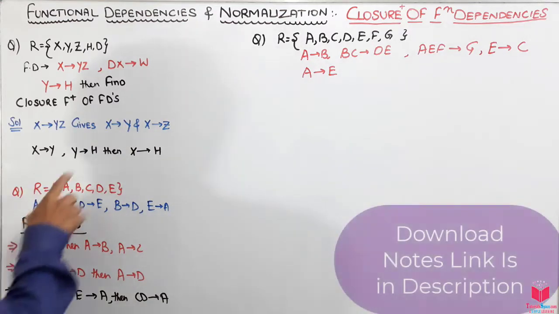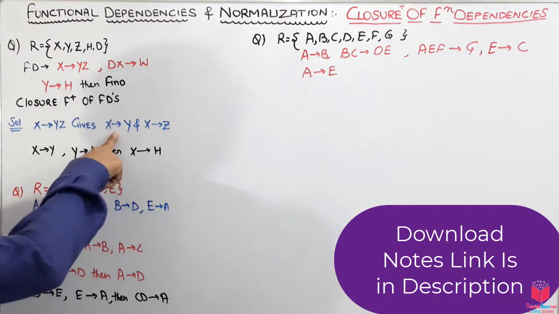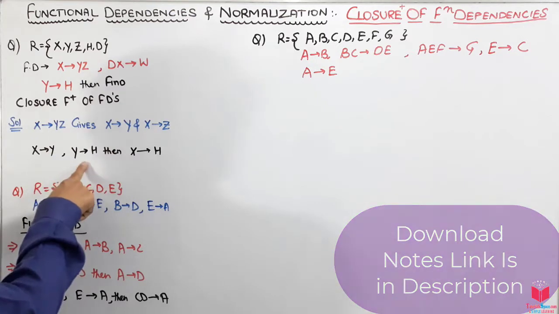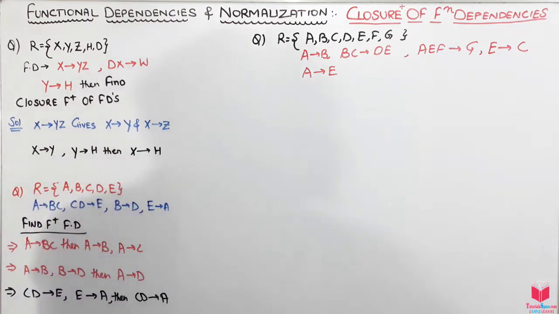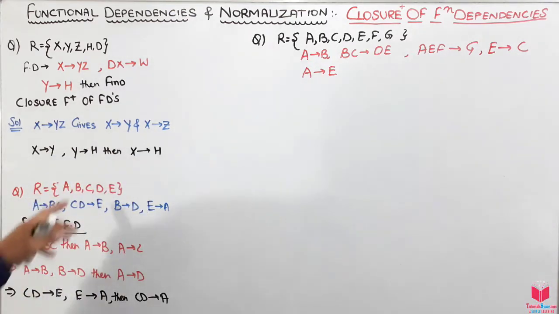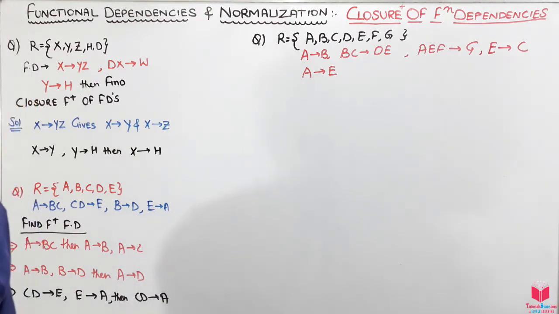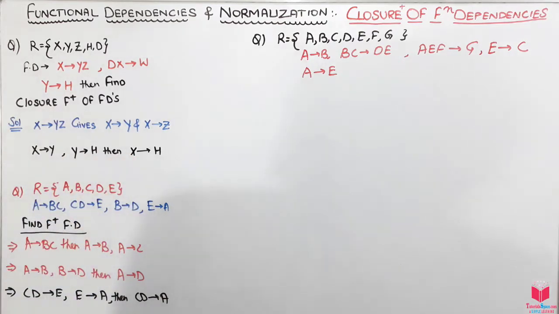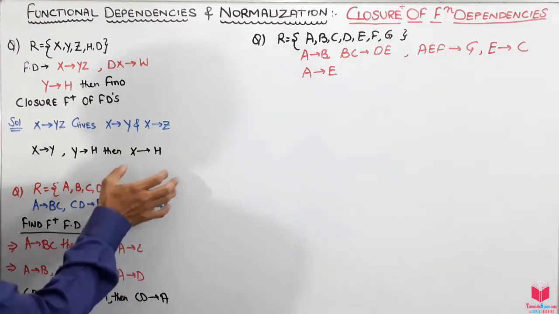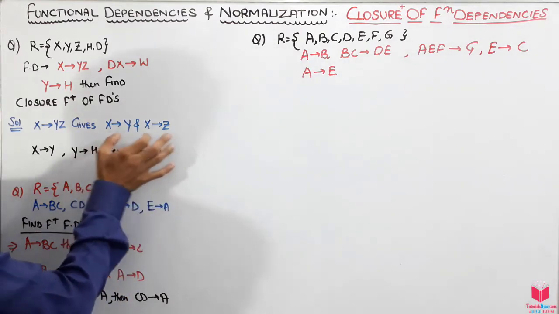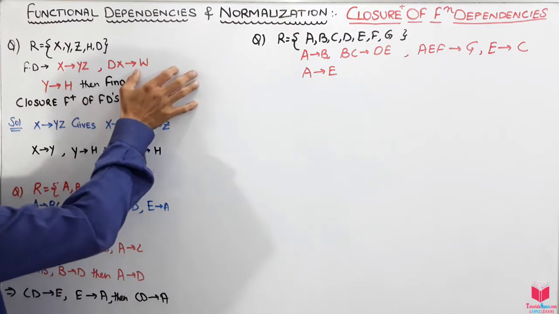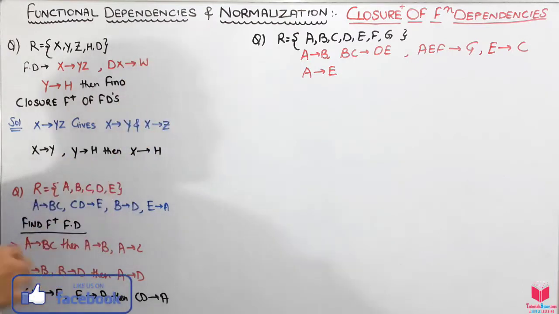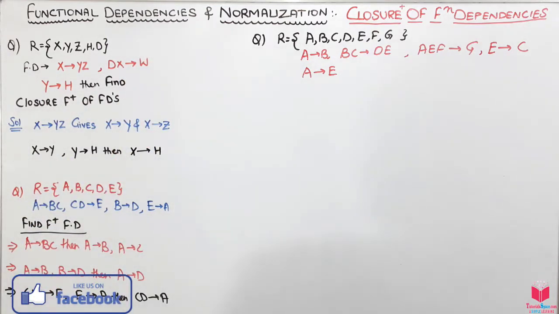And since we have found X to Y and we are given Y to H, then X to H will also be a dependency because of transitivity. Remember that: X to Y, Y to H, then X to H. Okay guys, this is finding the closure of the functional dependency. So we have to include X to H, X to Y and X to Z in the dependencies as well. This will be the complete closure of that dependency.